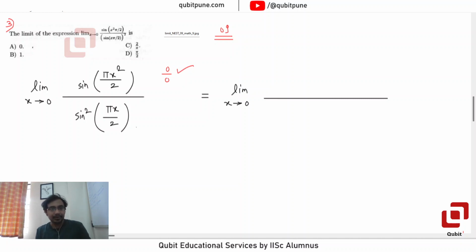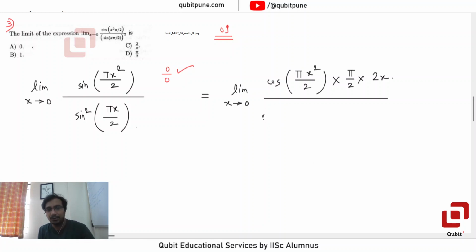Okay, first go for the numerator. It is cos of pi x squared by 2, into, by chain rule, the derivative of the inner function: pi by 2 as it is into 2x. Okay, come to the denominator. In the denominator we have got sine squared, isn't it?